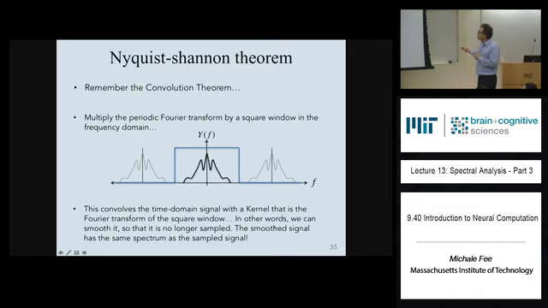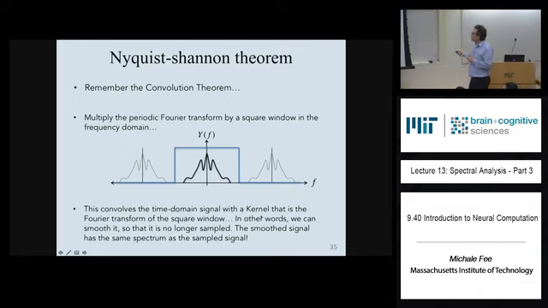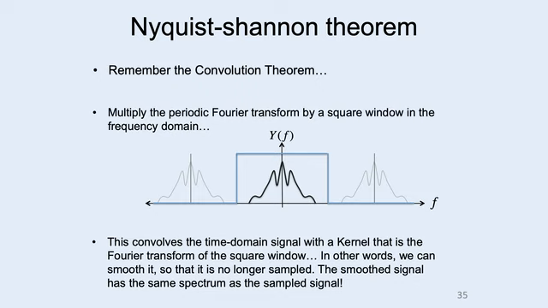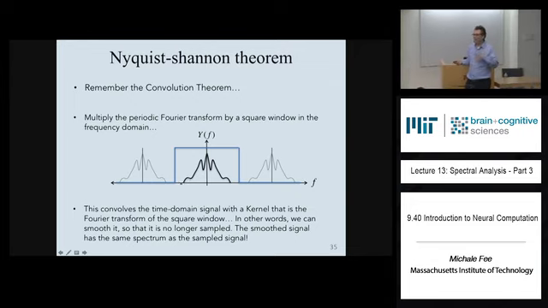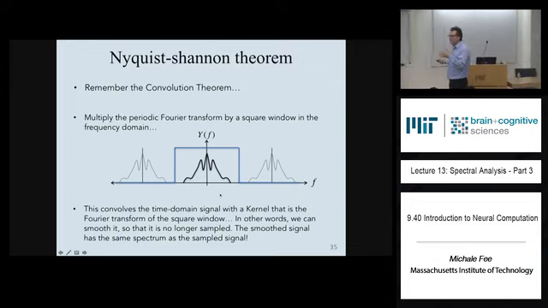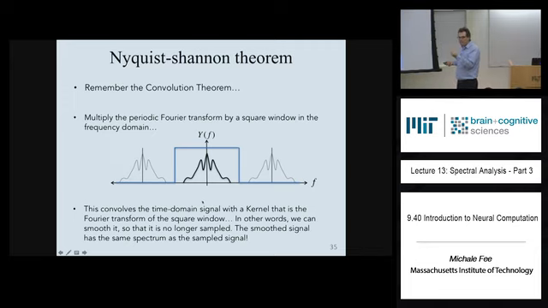I can just convolve the time domain signal with a kernel that's the Fourier transform of that square window. It's just the sinc function. And when I do that, I get back the original. But it's actually easier to do rather than convolving with a sinc function. It's easier just to multiply in the frequency domain. So I can basically get back my sampled function at arbitrarily fine temporal resolution.